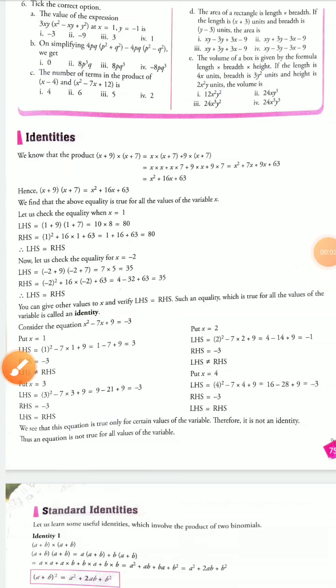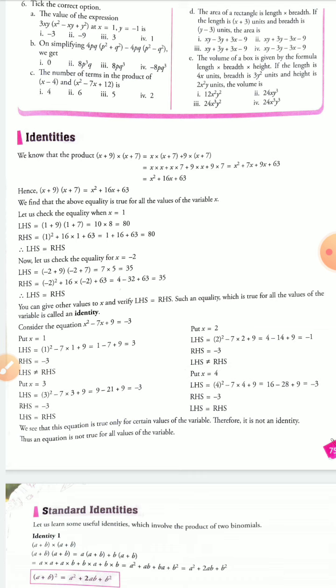Hello students. So today we will be discussing identities, and this is our last topic of this chapter. What we will be studying in identities is, suppose that we are given any algebraic equation.